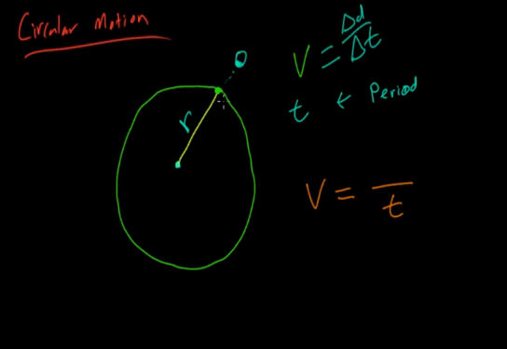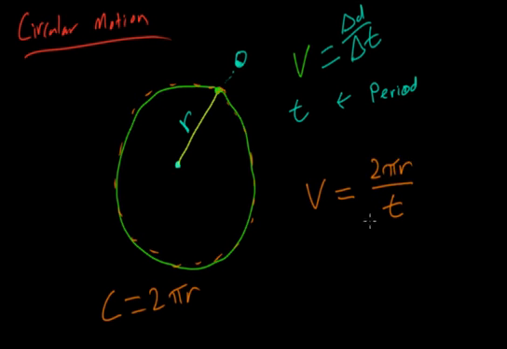Well, we would want the distance all the way around. How can we figure out the distance from here all the way around back to there? Well, that's just the circumference of the circle, and hopefully from geometry you remember that C equals 2 pi r. So instead of the change in distance, we can just write 2 pi r over t.